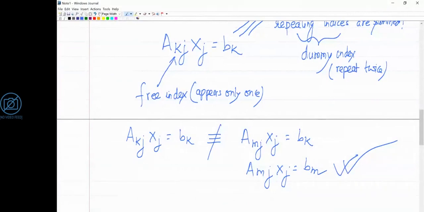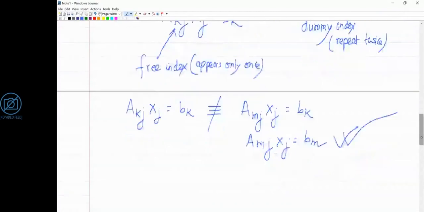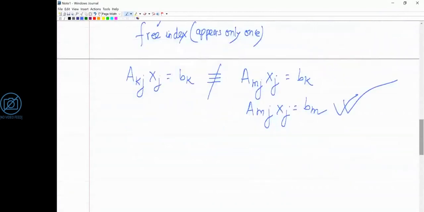Okay. The other thing is, so let me, first of all, write down the entire rule of this summation convention.